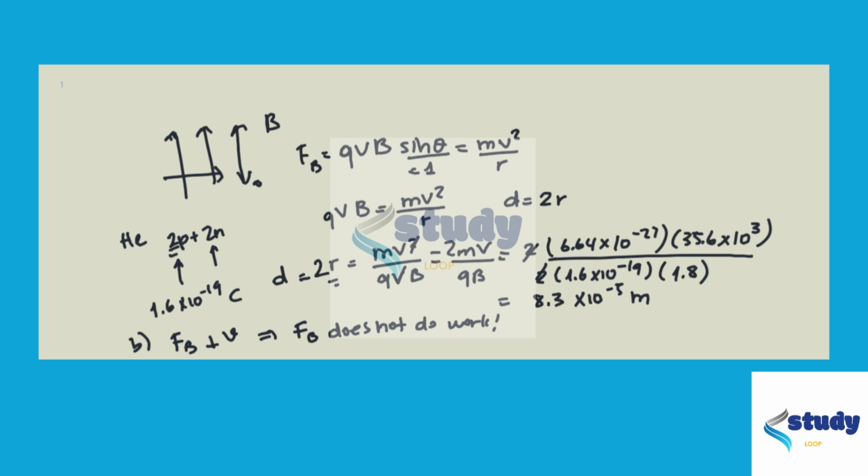If that's the case, then F_B has no effect on the speed, which is basically the magnitude of velocity. However, as we're going to see, it actually changes the direction. So we have to think separately in terms of magnitude and direction. So yes, F_B has no effect on the speed.